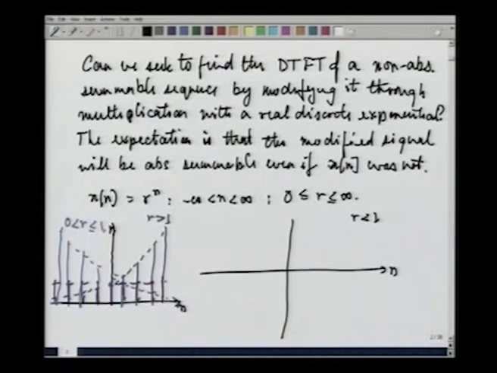So, you have this. For n equals 0, it is of course this, then it is this, then it is this. This is for r less than 1.